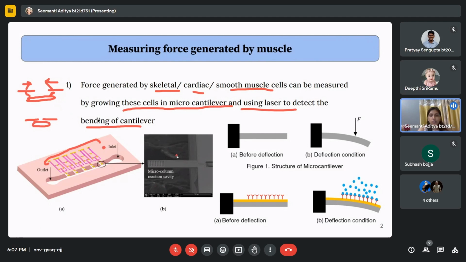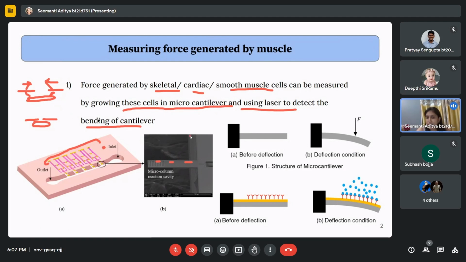So whenever cells are grown on top of it, if these cells are contracting or relaxing, then these cantilevers, which are very, very sensitive, can detect motion, even slight motion.